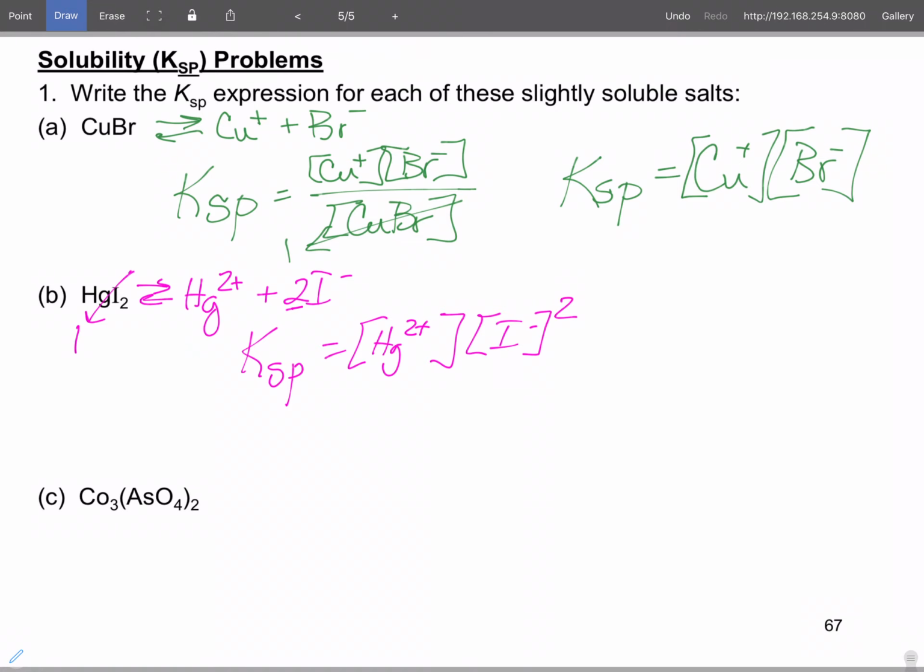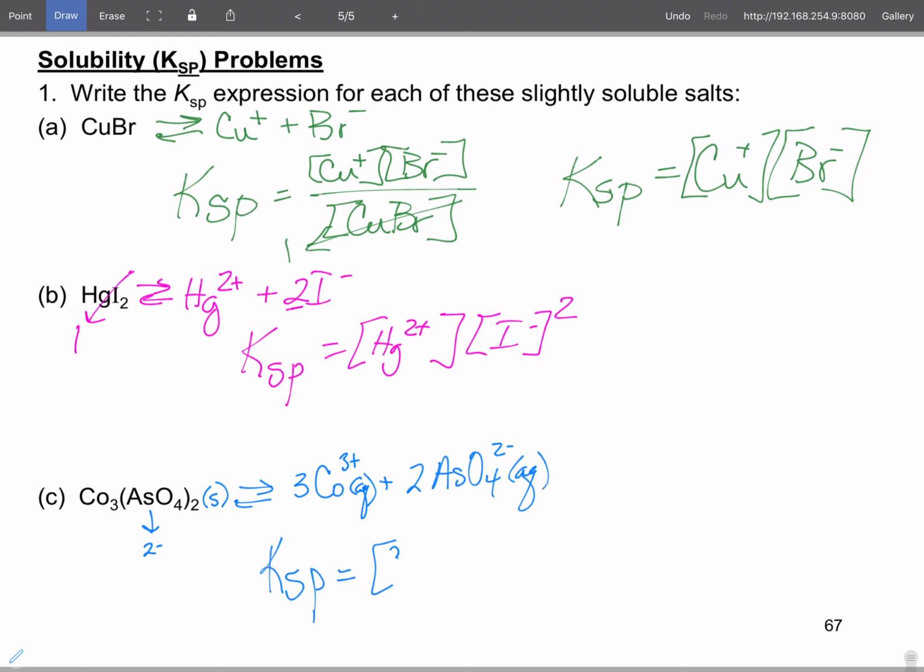So we'll move on to one that's a little more complicated. Again, this is going to be your solid. This is going to dissociate into cobalt. Now, arsenate is 2 minus. So the cobalt here has to be 3 plus. And it's aqueous. And then you have 2 of the arsenate 2 minus ions. So your Ksp here is equal to the cobalt 3 plus cubed times the arsenate.